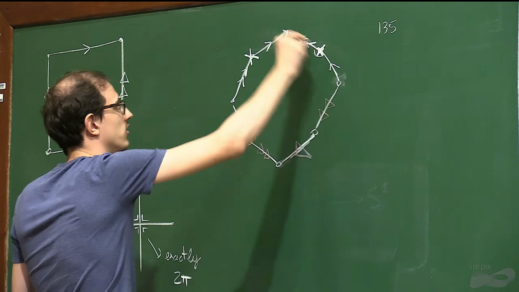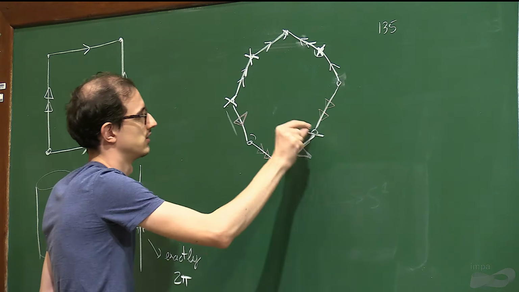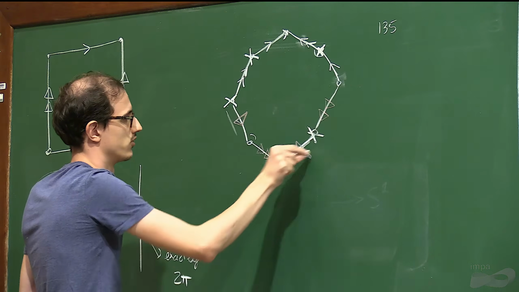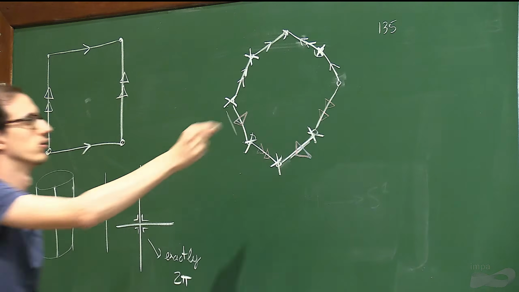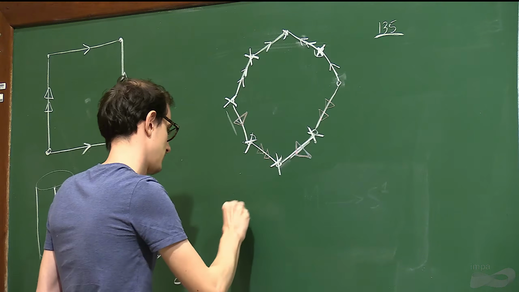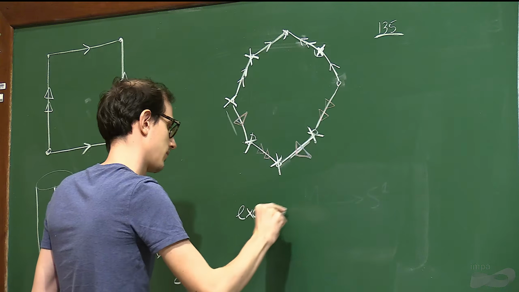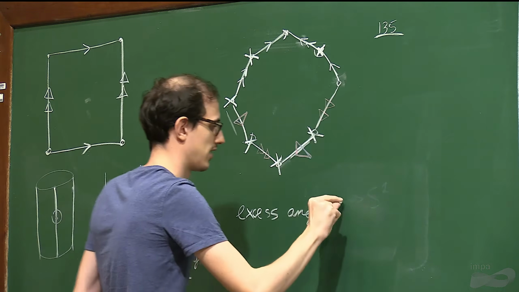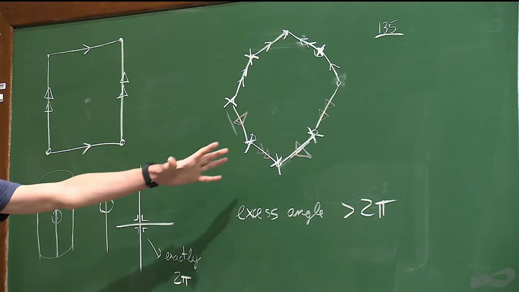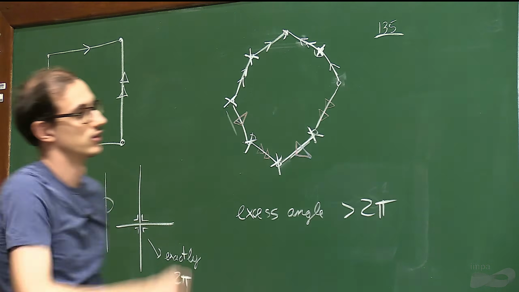And if you follow through, all of these are the same, and all these angles are glued together, and so we get a point which has excess angle. So the sum of the angles is more than 2 pi, and so the metric does not glue nicely. Actually, this surface has a flat metric with one singular point, which is the vertex there.